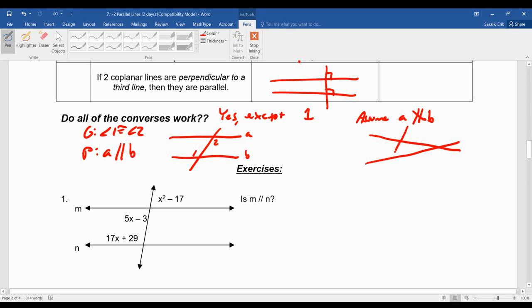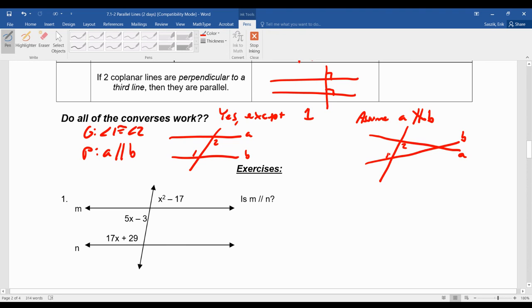So here I'm going to redraw the diagram. There's angle 1, there's angle 2. This is line A, this is line B, but you see now they cross. Along with the transversal, they're going to create this triangle. Well, remember the lesson that we did earlier this week, the video lesson.